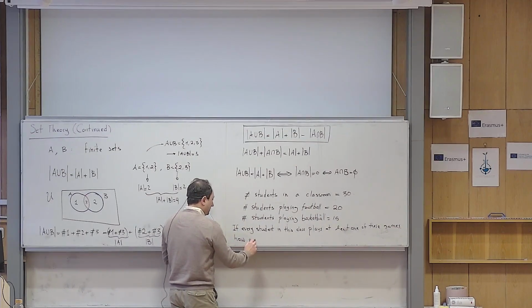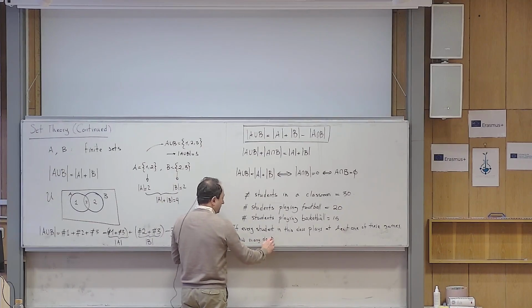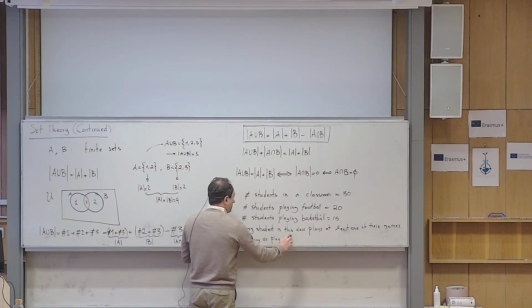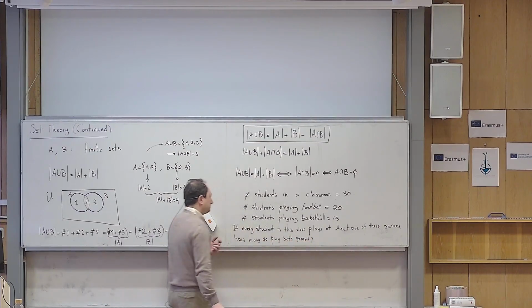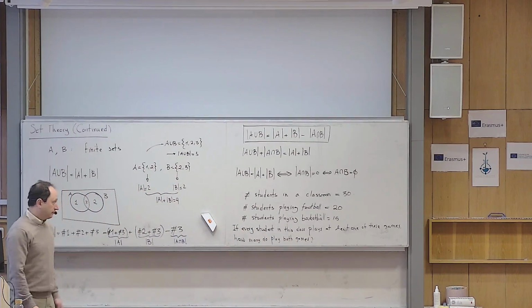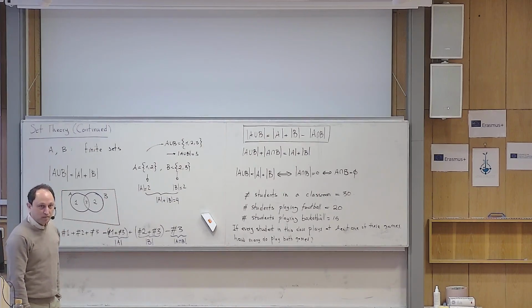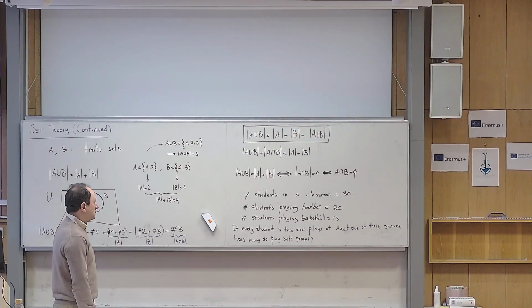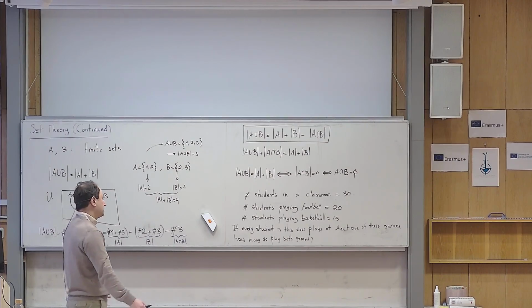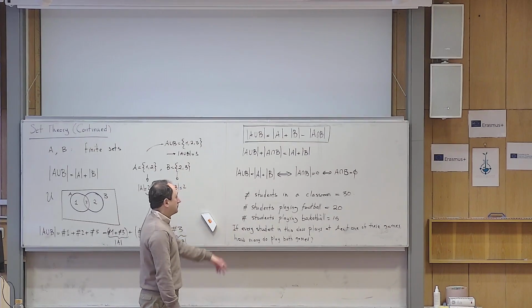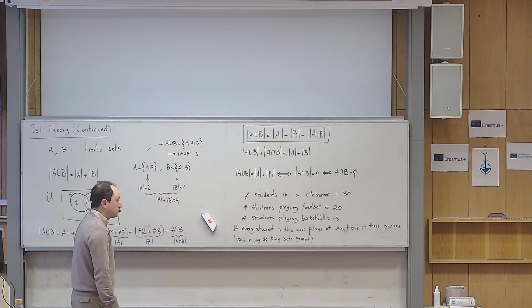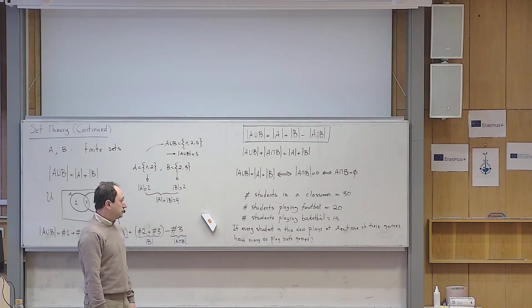How many do play both games? Yeah, something like that. Of course this should be obvious. So we have a classroom in which there are 30 students. We know that 20 of them play football, okay? And then 15 of them play basketball. If we assume that every student in this class plays at least one of these games, now how many do play both games?